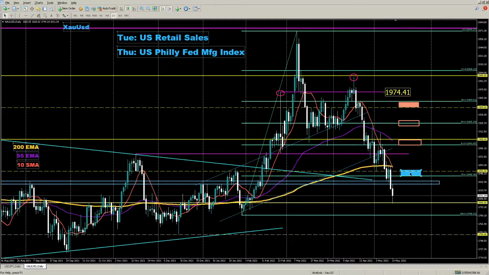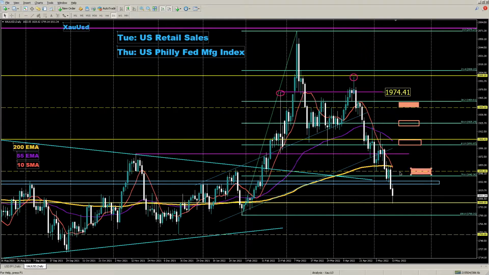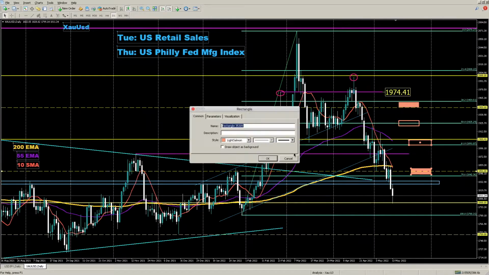This support now is going to be a critical resistance zone along with the 200. Further up here, that's the next major resistance with the daily 55 EMA.